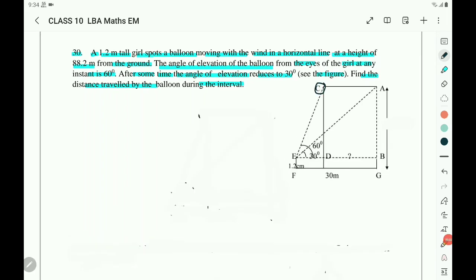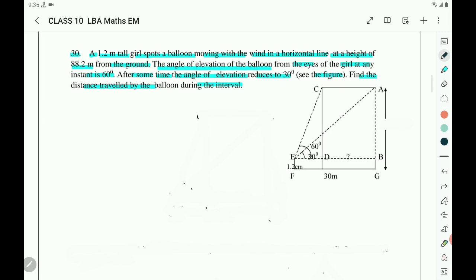C is the position of the balloon and A is also a position of the balloon. C is the initial position of the balloon. A is the final position of the balloon that the girl observes. When the girl observes the balloon at point C, the angle of elevation is 60 degree.